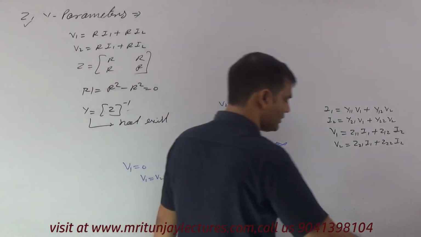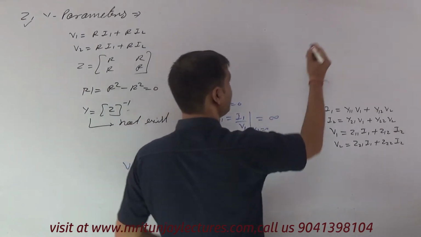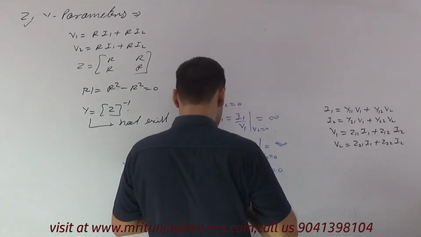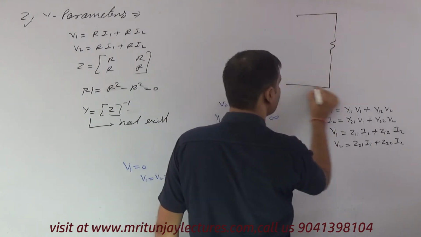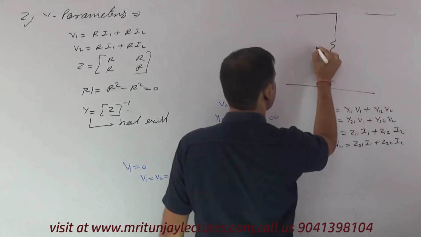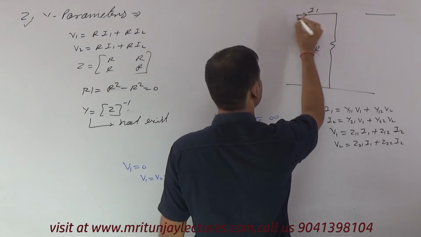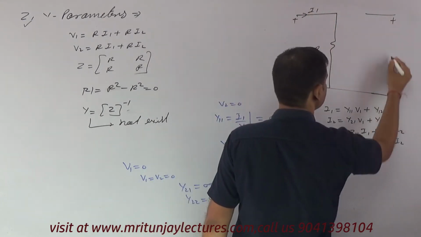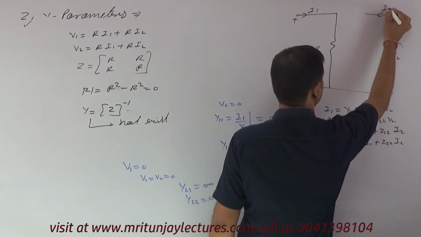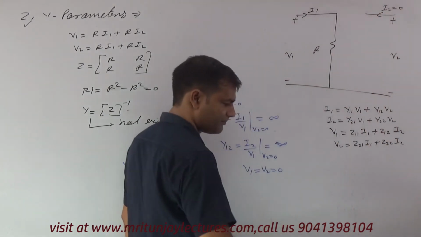Okay. Now we take another problem. Suppose there is a resistance R, and this is I1, and our motto corresponding to that is V2, and here I2 is equal to 0. It's very clear.